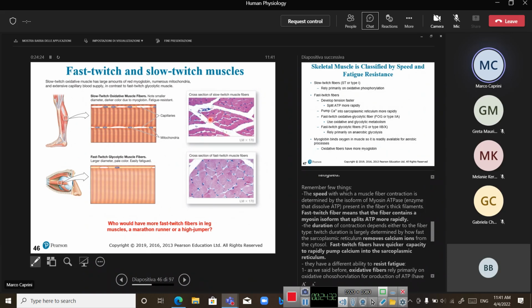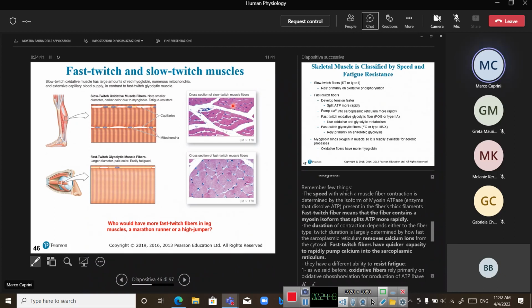You remember when we discussed contraction, and the contraction can take place when the calcium is present, but it also depends on the myosin ATPases, okay?